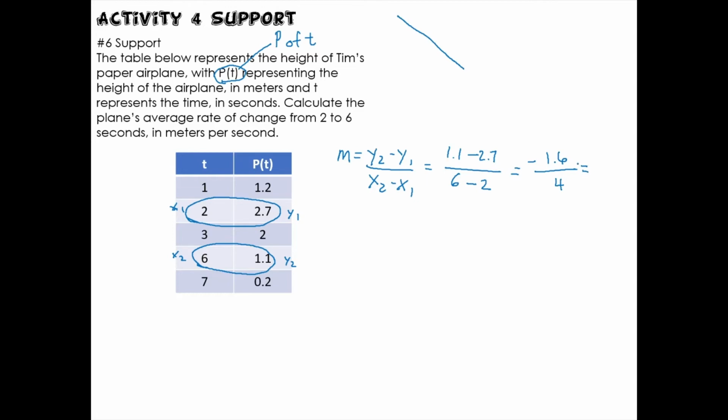And so that's going to equal negative 0.4. Okay, so remember we wanted units again, so negative 0.4 meters per second. You can put S or SEC for seconds. And that's exactly what we had thought: it was going to be a negative slope, negative 0.4 meters per second. So that would be the slope of that airplane from 2 to 6 seconds.